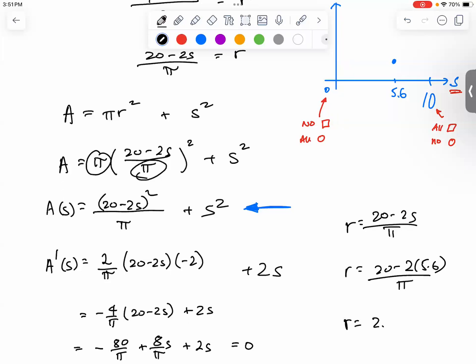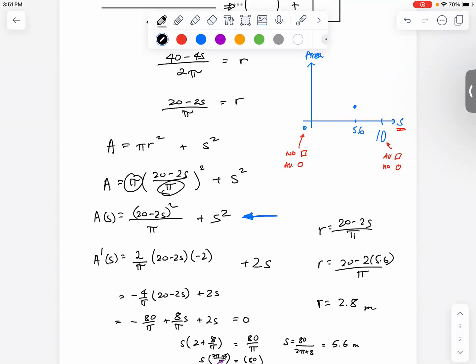So that would be 2.8. Okay, cool. We have a circle with a radius of 2.8 meters, with a square with a length of 5.6 meters. Wonderful. Okay. So far, so good. That's part A.